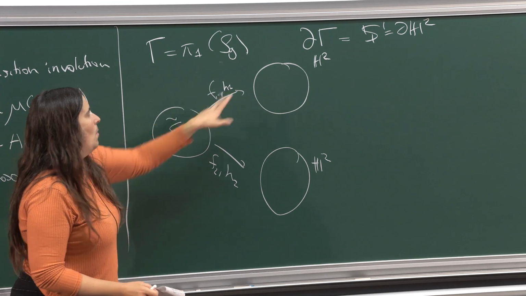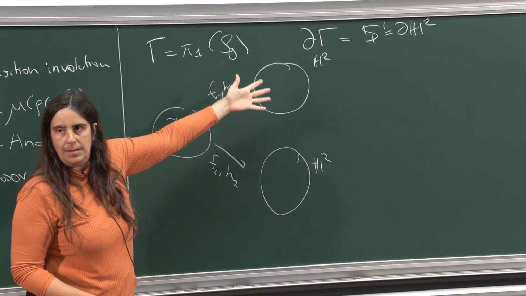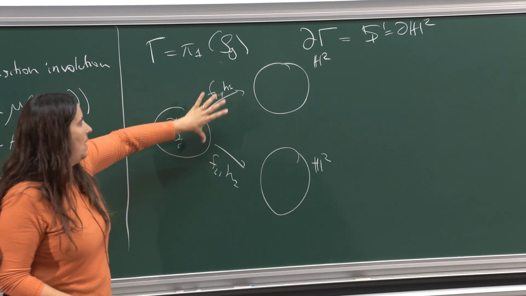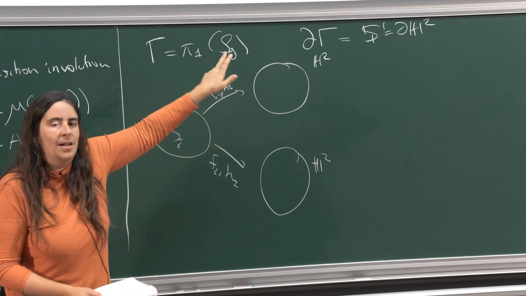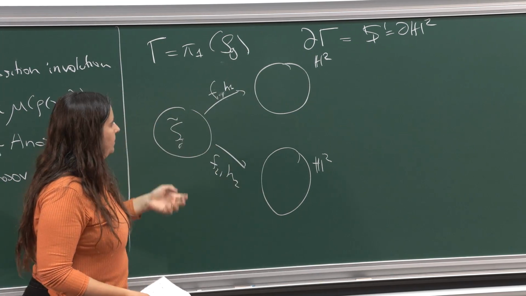And these are homeomorphisms, so this gives me a homeomorphism between these two hyperbolic disks that is not an isometry because the metrics that I chose were different. So just a homeomorphism, a topological map.